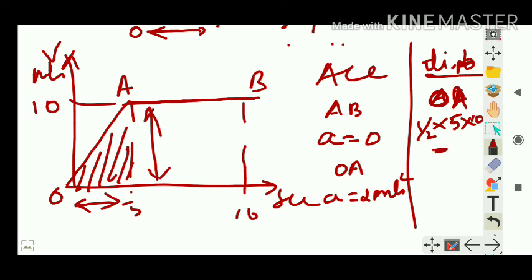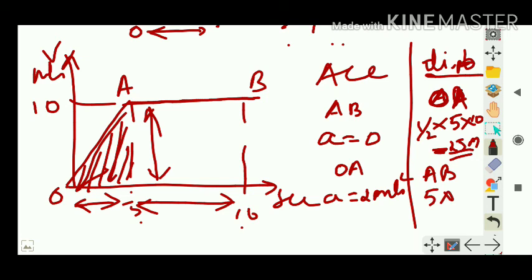So you'll get 25 meter as the answer. So the displacement for this segment is 25 meter. Now similarly for AB, it's a rectangle, so L into B. What is length? Let's take this one. Length is 10 minus 5, so 5. And what is this base? Let's take this one as base, so it is how much?